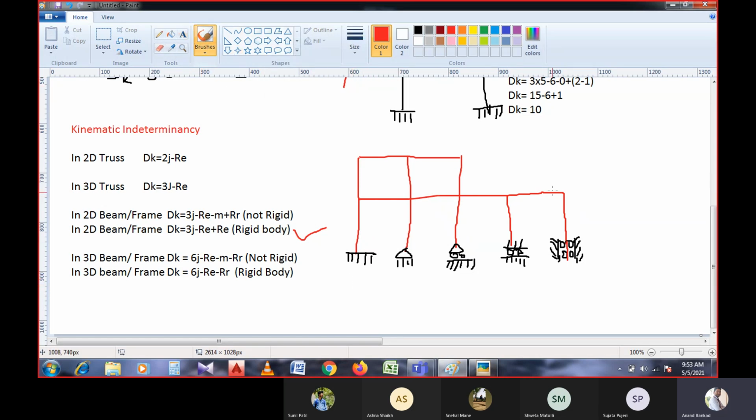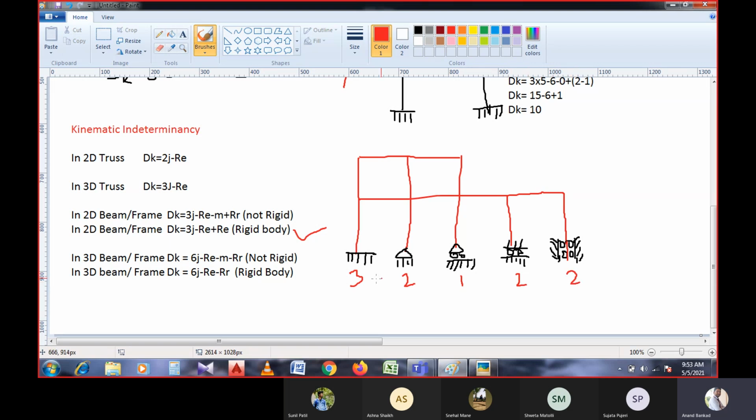So before that, I will write the values of m. However, when it is rigid body, we are not going to consider the value of m. So how many external reactions are there? There are 3 external reactions here, 2 external reactions here, 1 external reaction here, 2 here and 2 here.